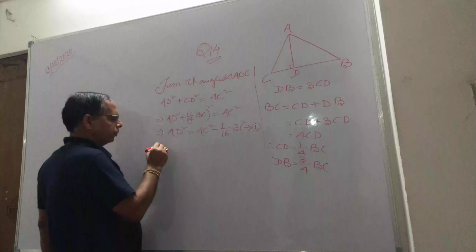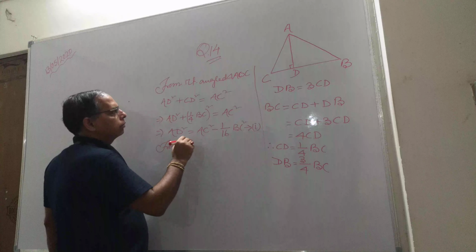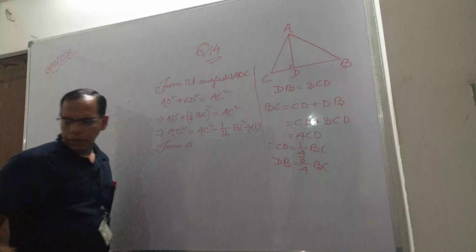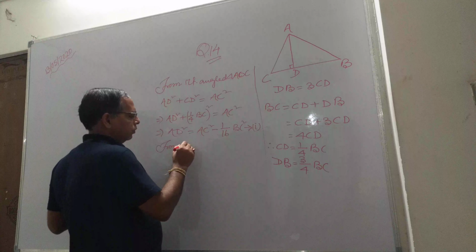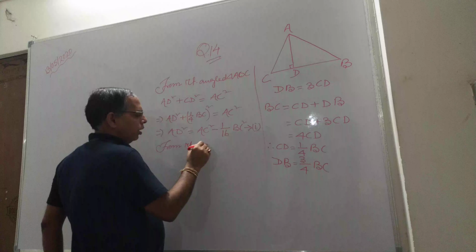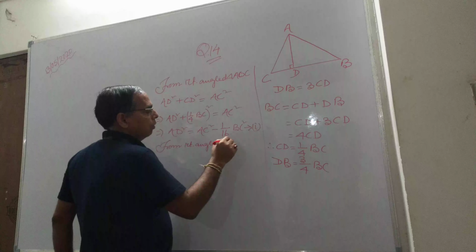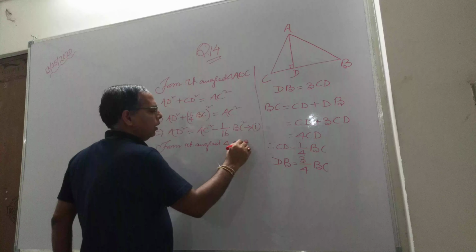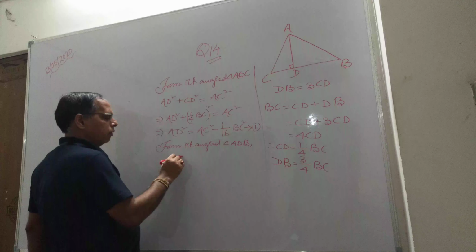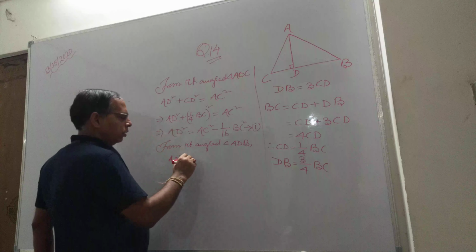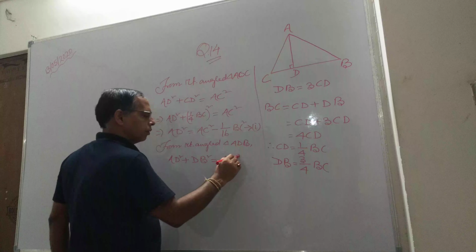Then from right angle triangle ADB, okay. What is that? AD square plus DB square equal to AB square.